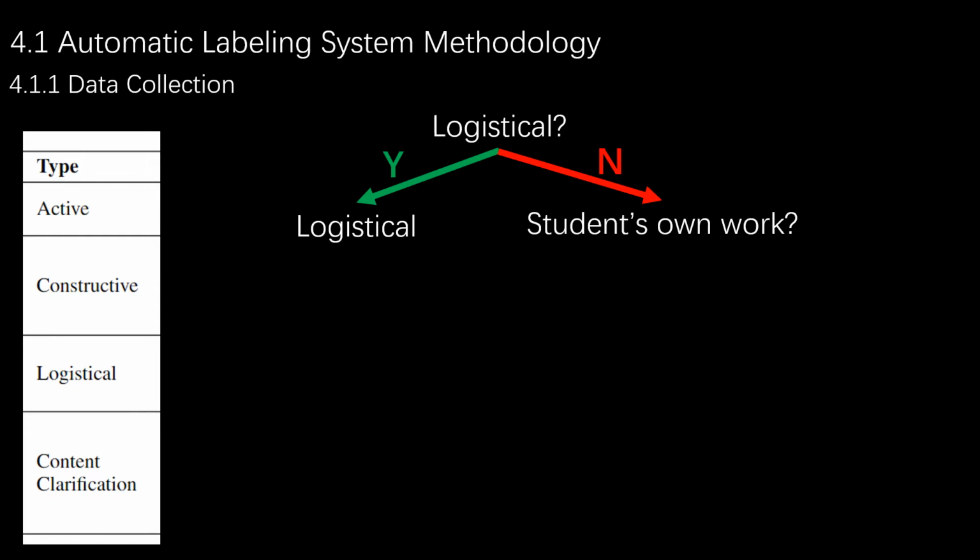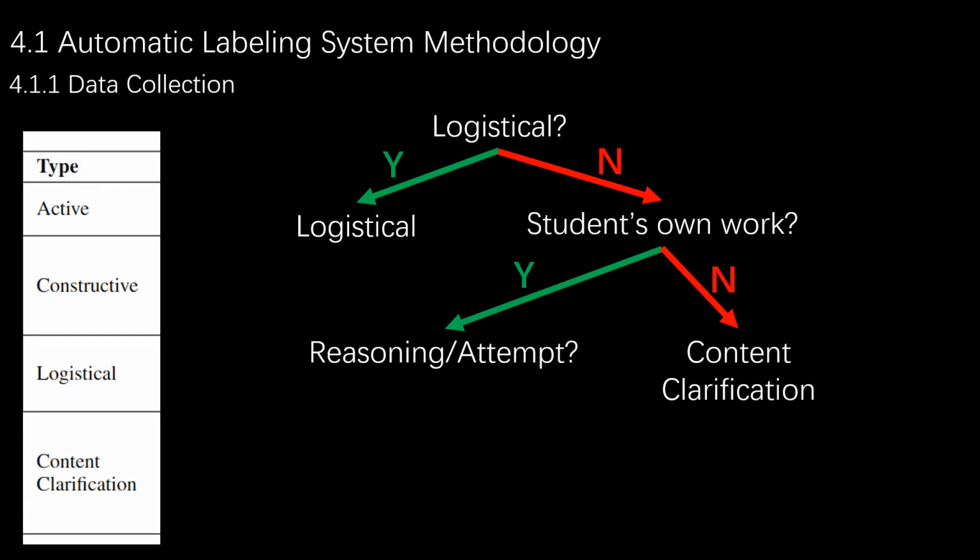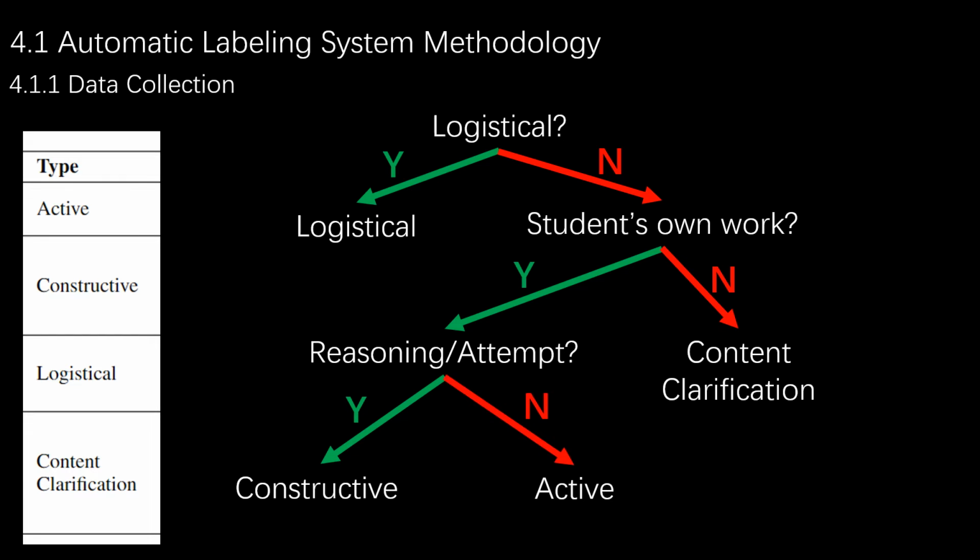Otherwise, we determine if the post contains information about a student's own work. If it is irrelevant to the student's work, then it is labeled as content clarification. Otherwise, we determine if the post shows students' reasoning or attempt to construct a solution to the problem. If so, then it is a constructive post. Otherwise, it is an active post.